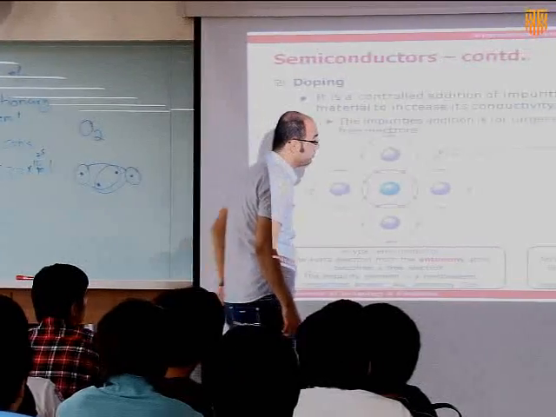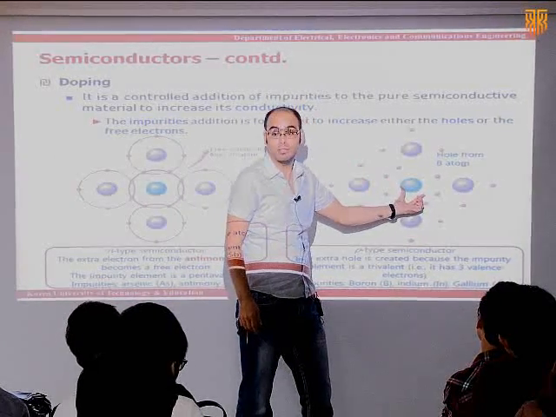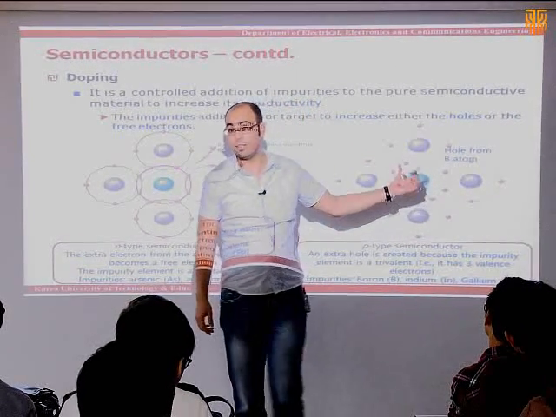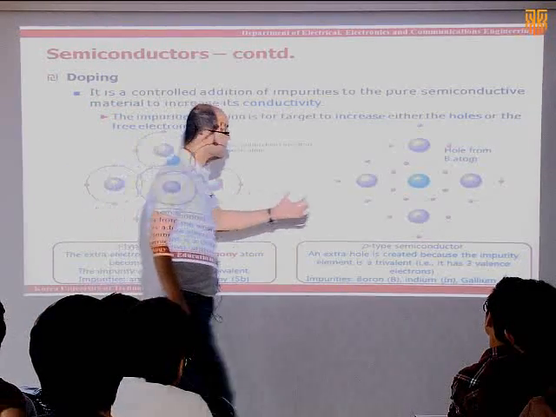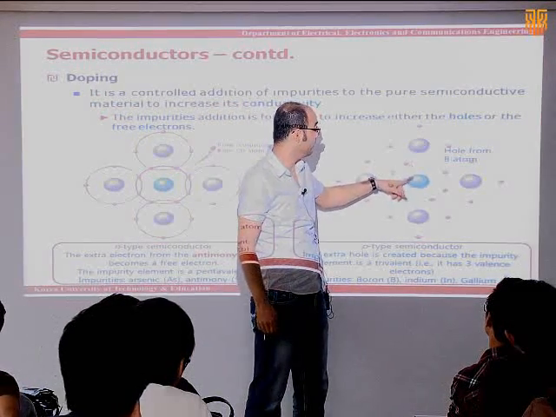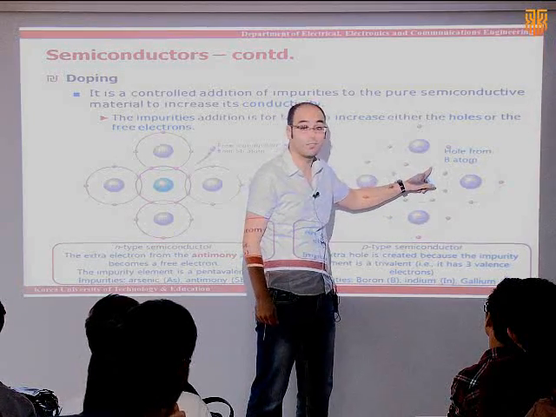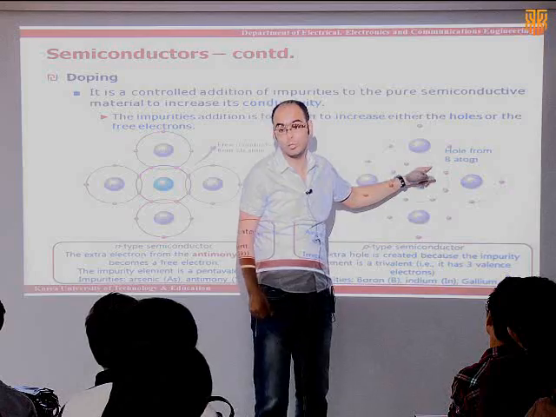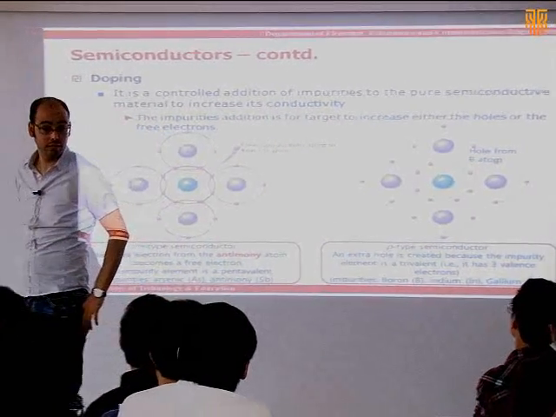Or we add some material which has how many in the last shell? 3. So it makes bonds with these 3, and 1 is a hole. So this one also can increase the conductivity. Is it fine?